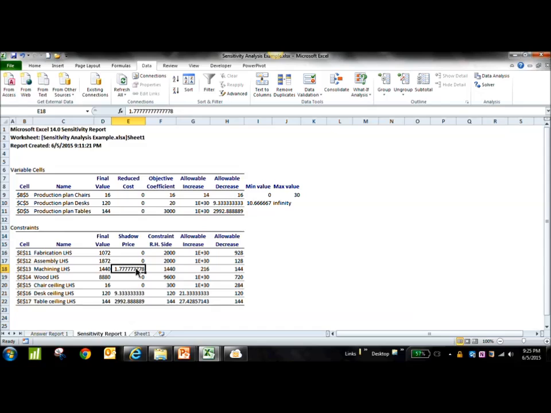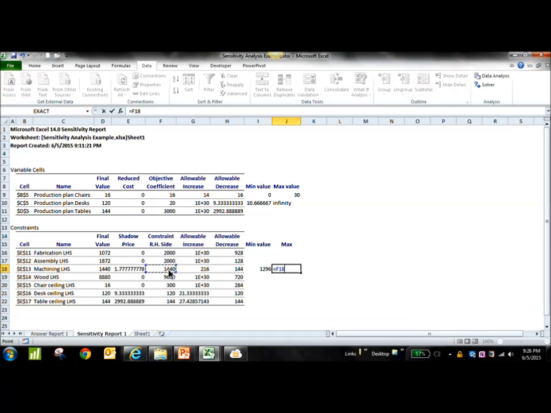Let's try that. Another way I will write this down is min value and max value, the same way I did before. I'm just going to do it for the ones that are binding. I'm going to take my right-hand side value and decrease it by the allowable decrease of 144. This is my min value.